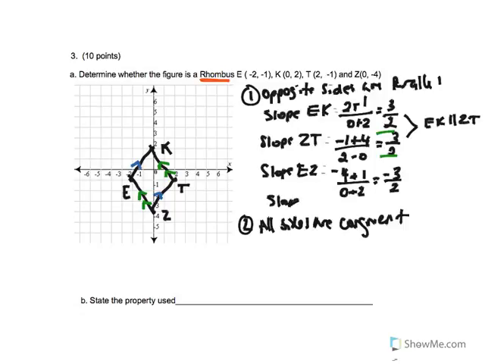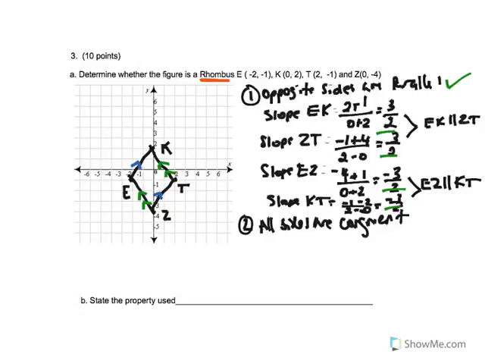Then we have the slope of KT equals -1 minus 2 over 2 minus 0 equals -3 over 2. These are the same slope here, so I know that EZ is parallel to KT. So I have proven my first property. Second, I want to prove that all sides are congruent.